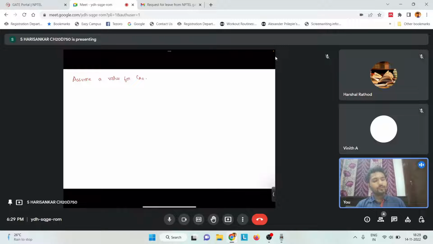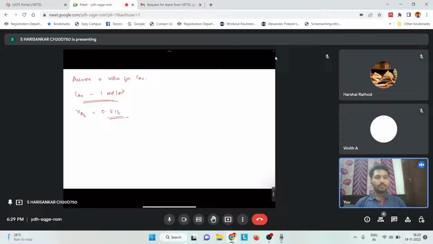So if you take CA0 as 1 mole per meter cube or something, you can directly get values and you will get the same answer again. The fractional conversion XAF as 0.816, or depending on the accuracy, it will be varying between 0.8 to 0.9.